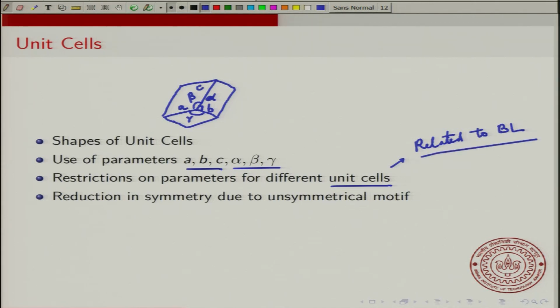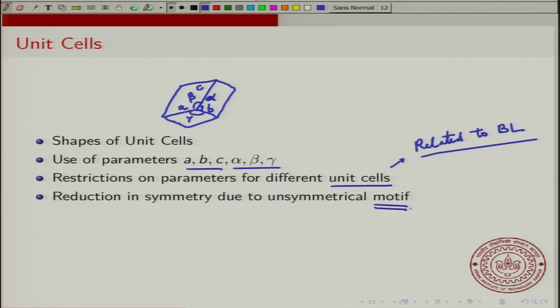For example, we know that some unit cells can be primitive, face centered, body centered, or edge centered, and so on. So they are related to Bravais lattices, and we also saw that the overall crystal consists of a Bravais lattice and a basis or a motif.